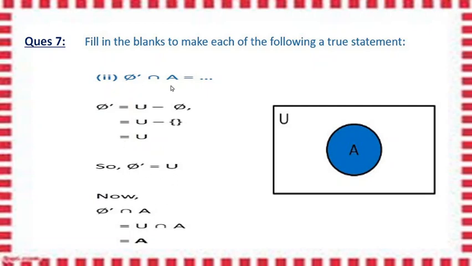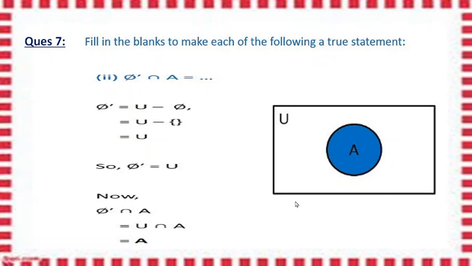Now what we have to find? Phi complement intersection A. We have just calculated phi complement is U. So universal set intersection set A means what is common in the universal set and set A. Definitely set A is common. If we look at this figure, it will be much easier to understand.